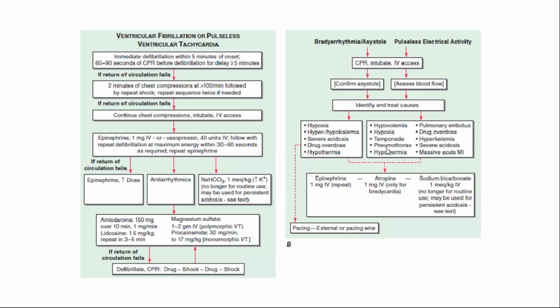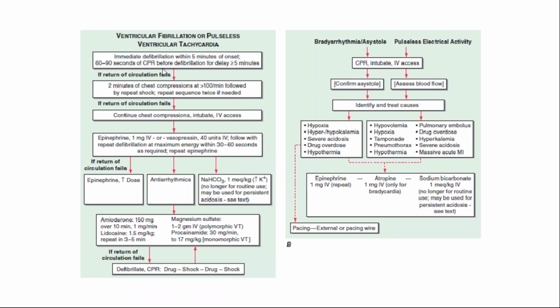Any of these possibilities can be there in an admitted patient and should be managed promptly in a clinical setting. These things can be managed only in a clinical setting, not in a public place. So whenever you see a patient, you have to give basic life support outside the hospital and shift the patient to the hospital so that he can get advanced cardiac life support, that is ACLS.